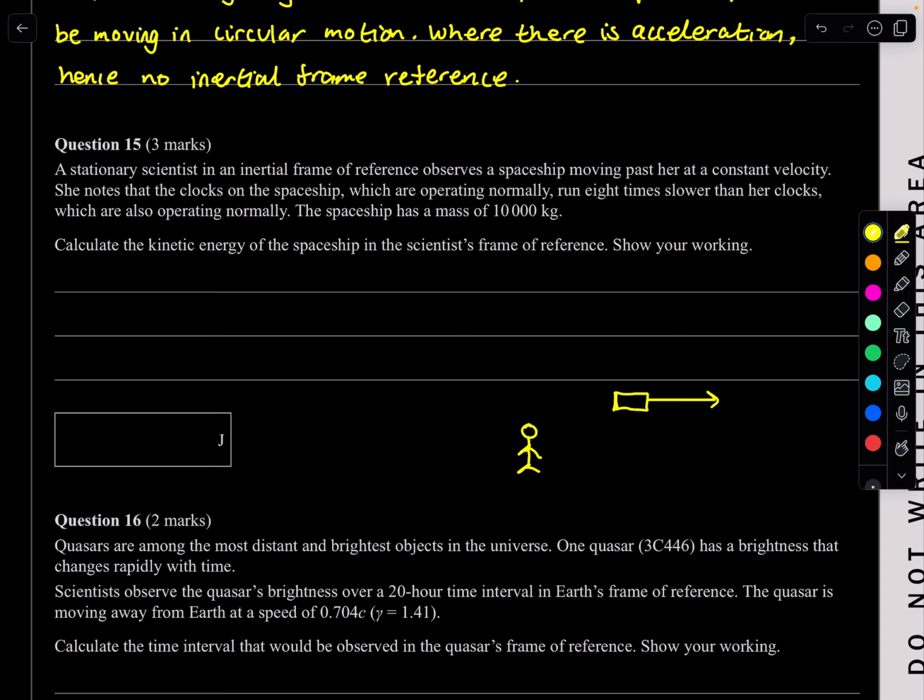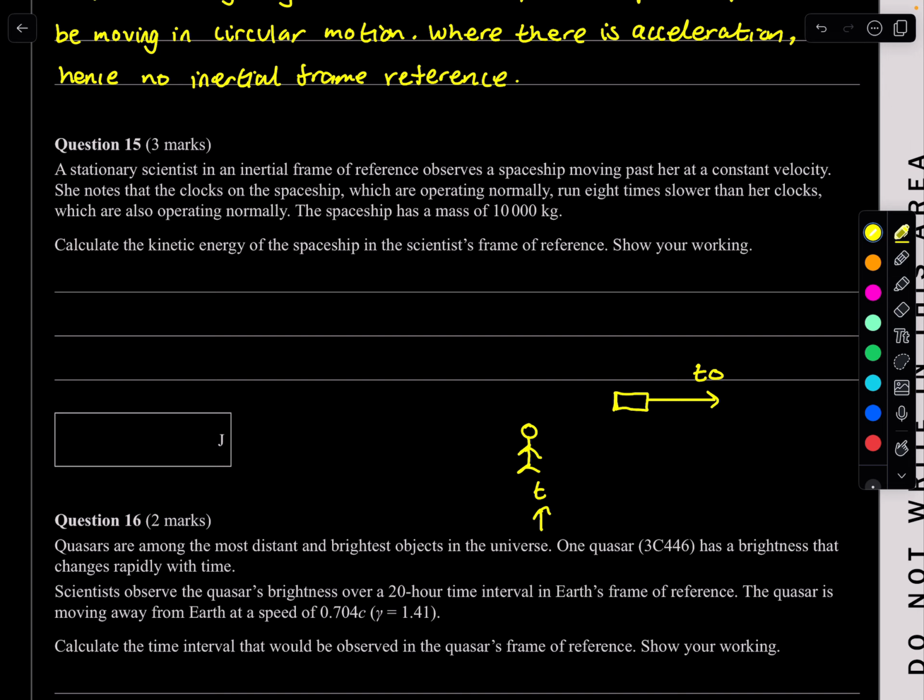She notes that the clocks on the spaceship, which are operating normally, run 8 times slower than hers. When the spacecraft is moving at high velocities, it goes through length contraction. It's measuring proper time, and she's going to measure the dilated time. So this here, it's the time that's dilated, so it's actually quicker.